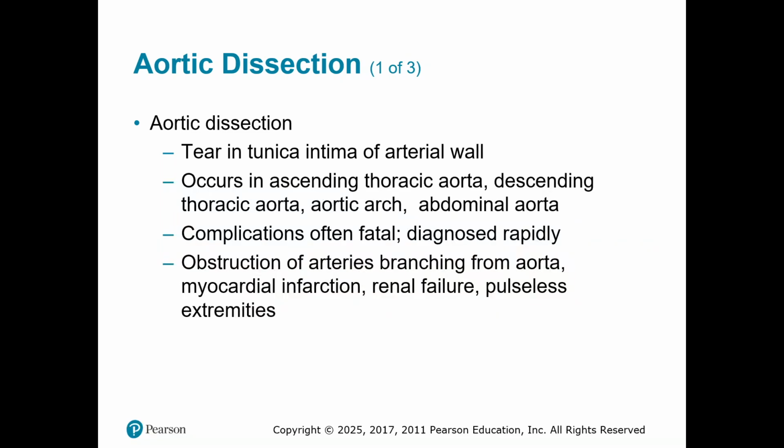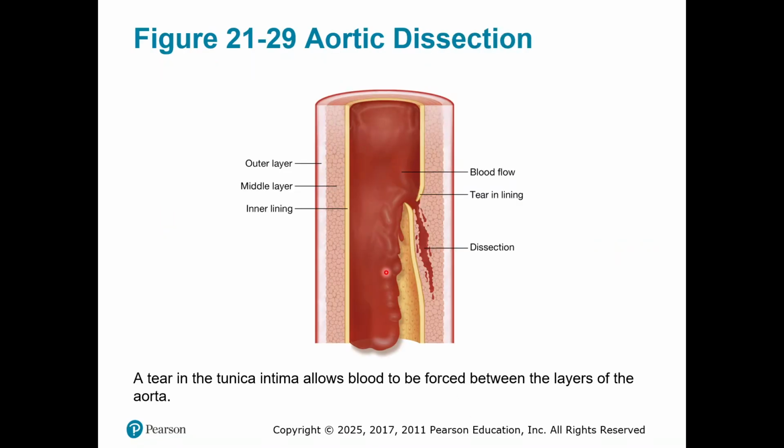An aortic dissection is a tear in the tunica intima of the arterial wall. We can look at that right here. So here's the dissection right here. The tear in the tunica intima allows blood to be forced between the layers of the aorta.